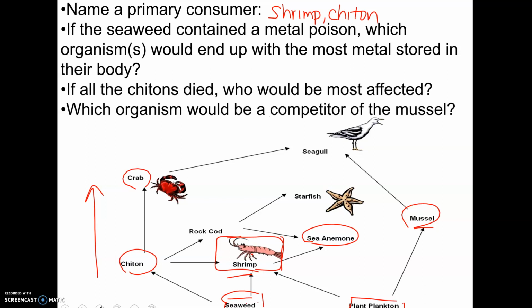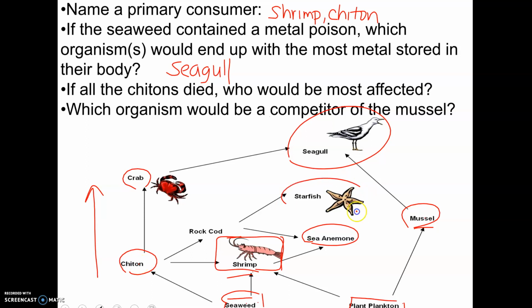And so the ones that are going to be the most affected are going to be the ones at the top. So the seagull would be a very obvious example of one that would be most affected because one seagull eats a lot of mussels and a lot of crabs. And those things eat all these things beneath them. And so these toxins become more and more concentrated.